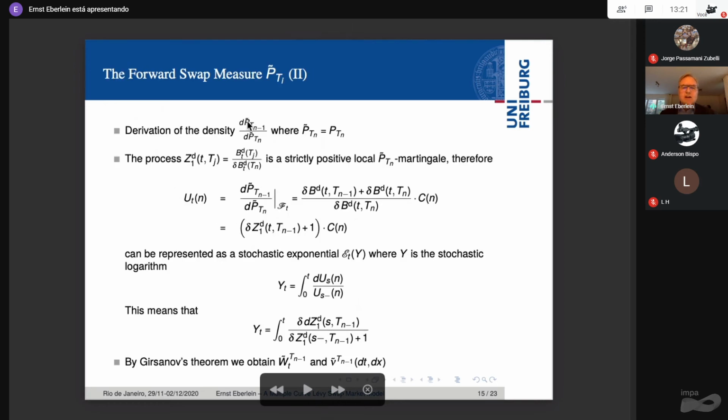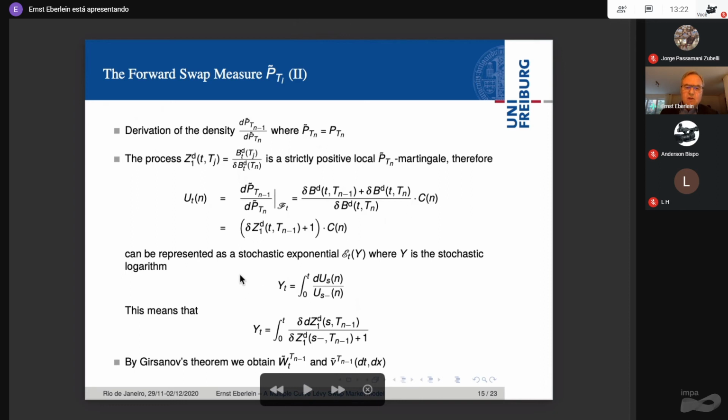Let me have a look at the measure change. We started out with the forward measure, the swap forward measure, which is nothing but the forward measure itself, because up to this factor delta, the discount factor is exactly the same. Now the density is nothing but the quotient built from the two numeraires multiplied with a normalization factor.